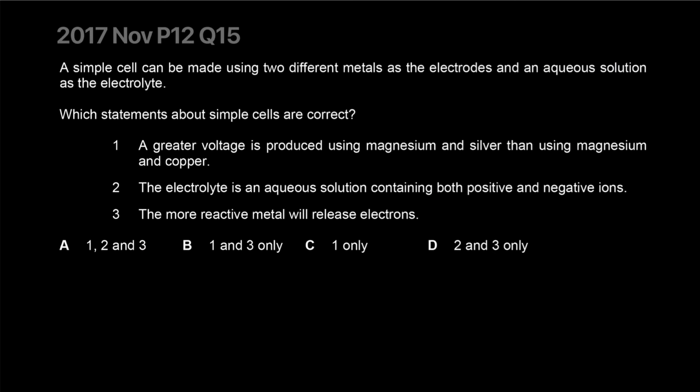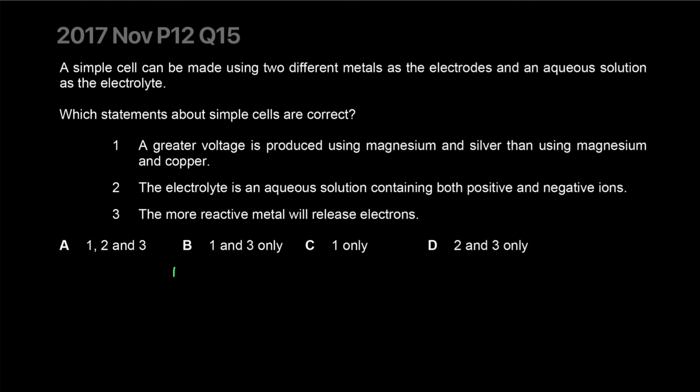A simple cell can be made using 2 different metals as electrodes and an aqueous solution as the electrolyte. Which statement about simple cells is correct? A greater voltage is produced using magnesium and silver than using magnesium and copper. Yeah, different active electrodes, right? So the greater the difference in reactivity, the greater the voltage, right?